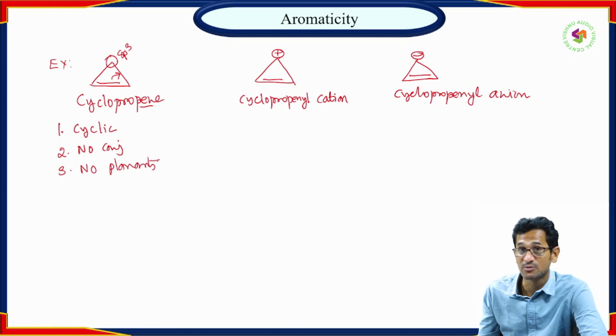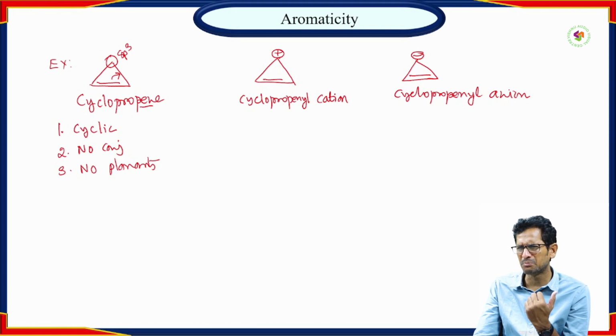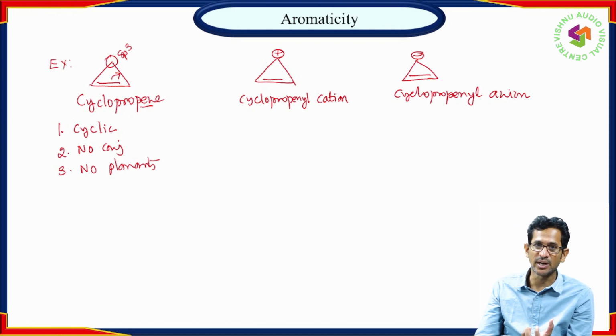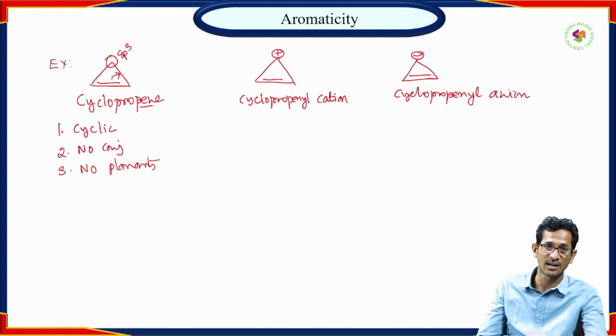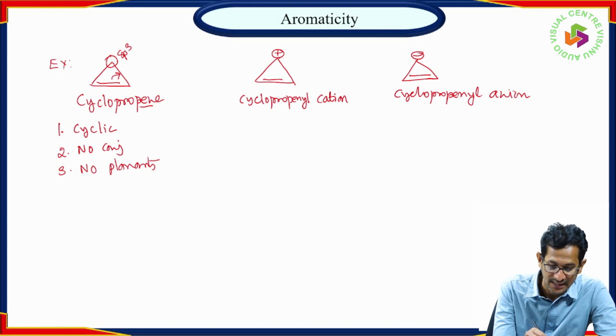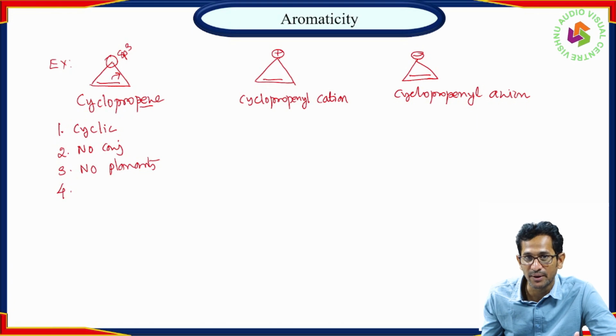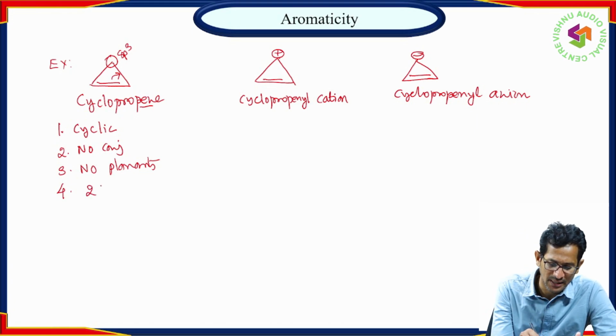So it is not planar, no planarity. Because for a compound to be planar, all the carbon atoms must have sp2 hybridization. But here, due to the lack of conjugation, this carbon is sp3 hybridized, which is tetrahedral, right? No planarity. And the final condition is the pi bond. We have only one pi bond, so 2 pi electrons.